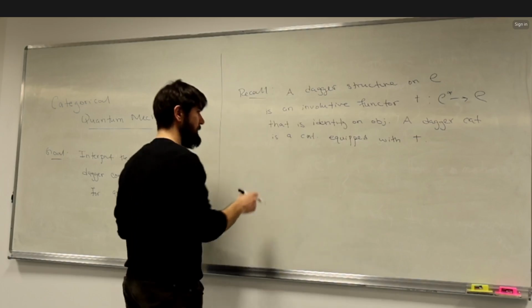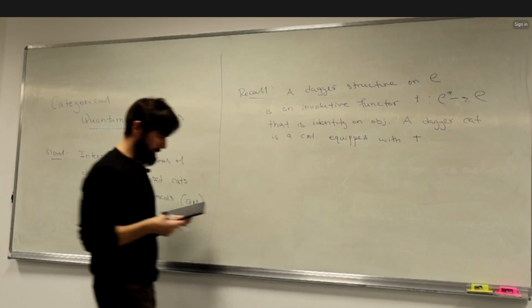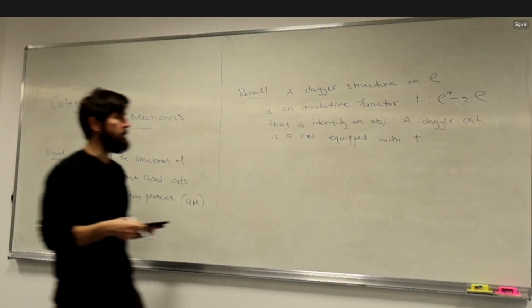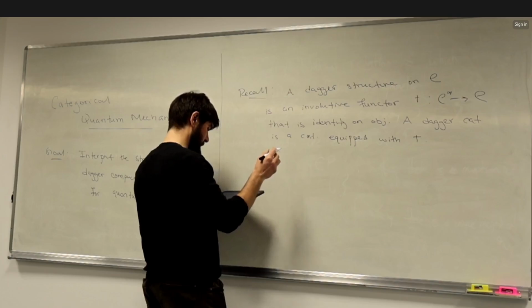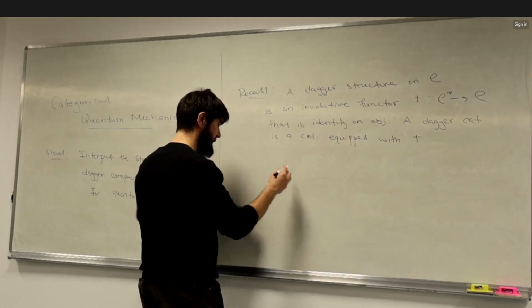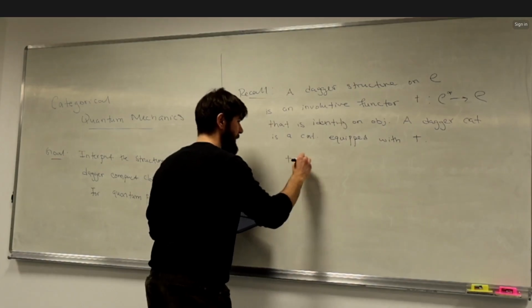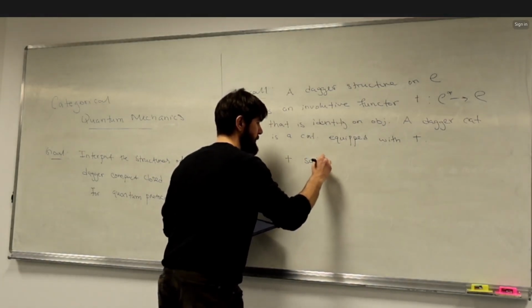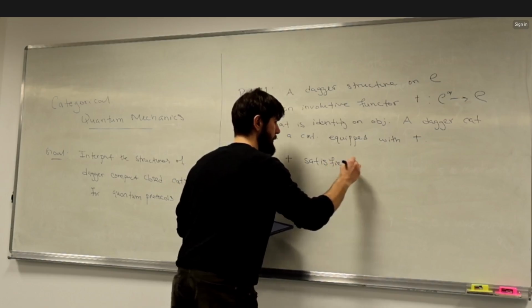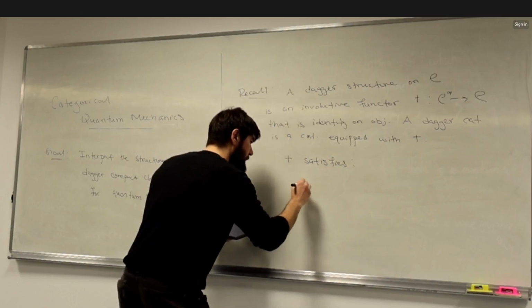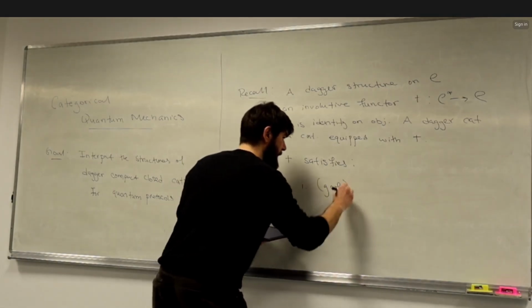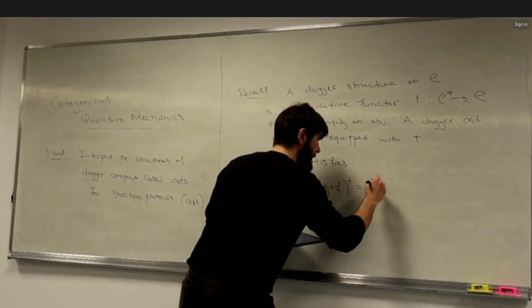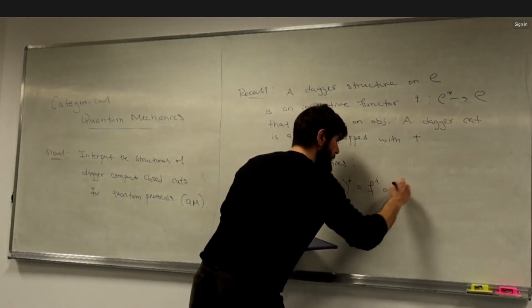a dagger. I want to remind you of a couple of things because we'll be using these identities ubiquitously. This dagger satisfies: one, we have that (G composed with F) dagger equals F dagger composed with G dagger.